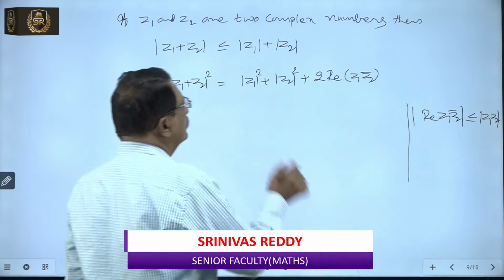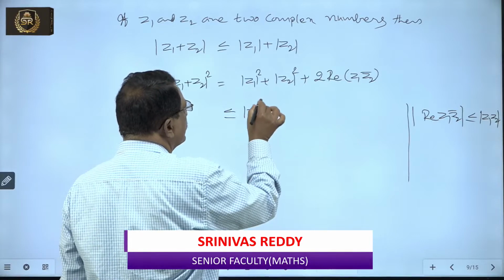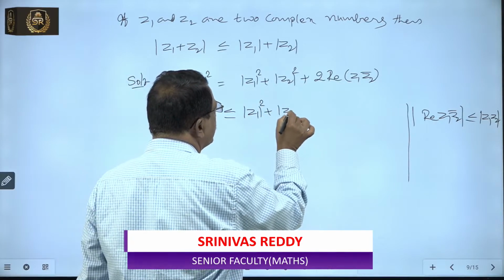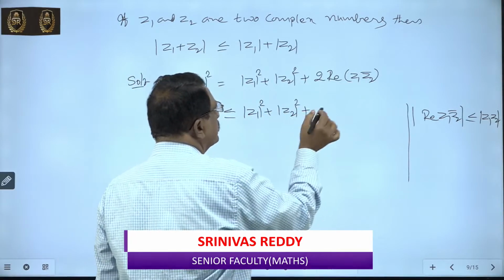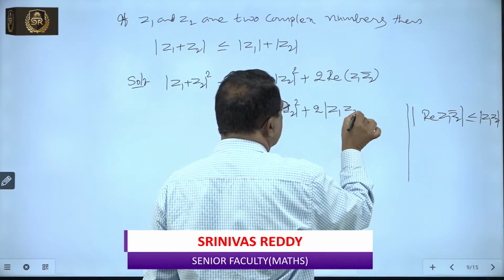Therefore it is less than or equal to mod z1 square plus mod z2 square plus 2 into mod of z1 z2 bar.